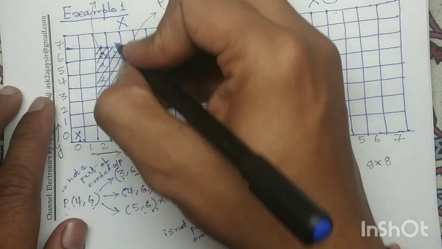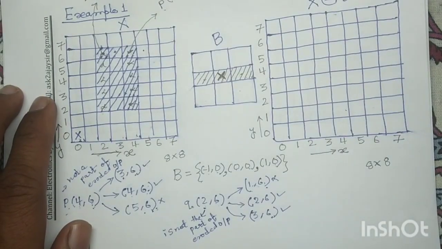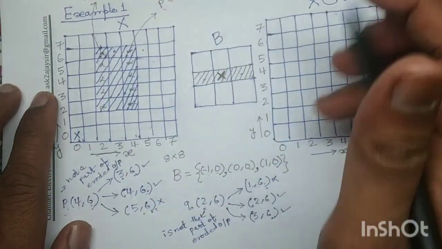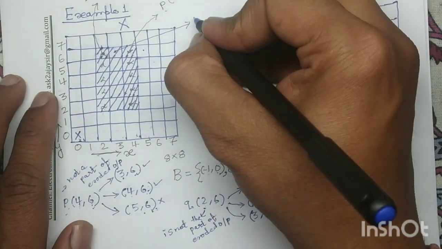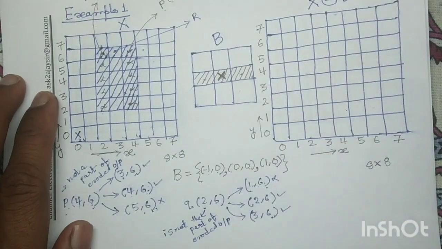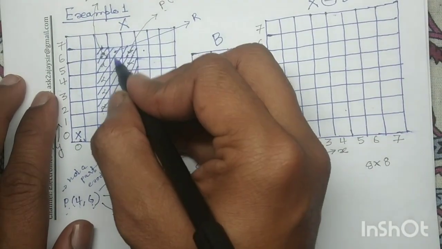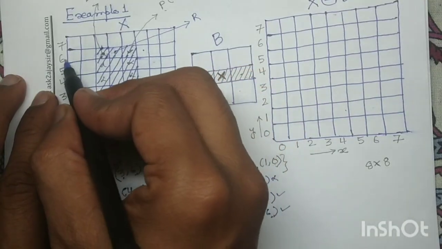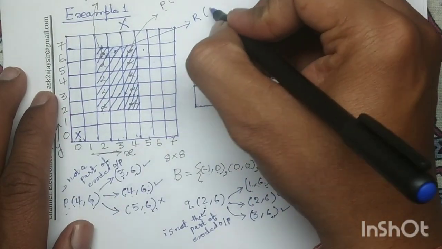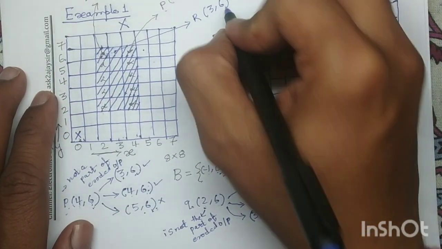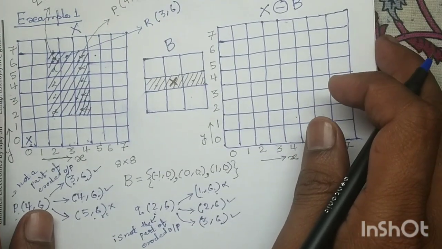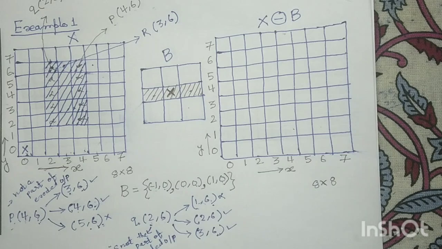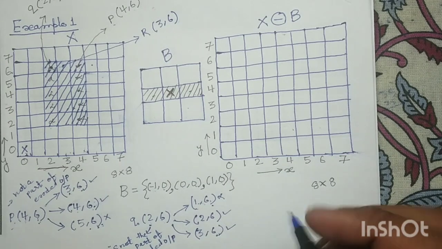Next we will examine the center pixel. We will represent this pixel with R, having the coordinate along x as 3, along y as 6. So it is 3, 6. A similar procedure we will repeat for pixel R also.